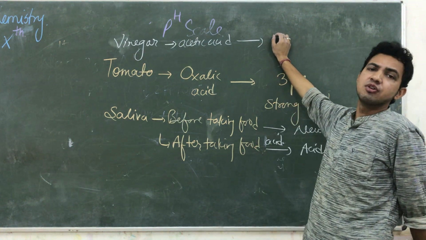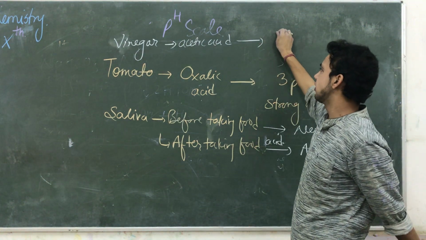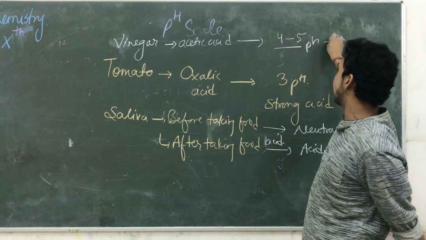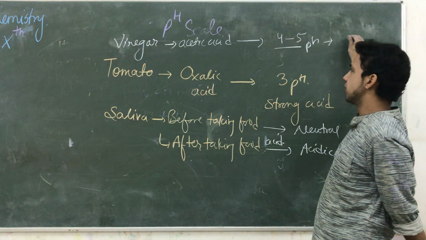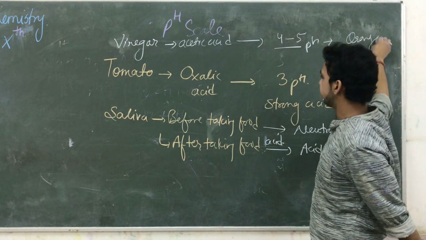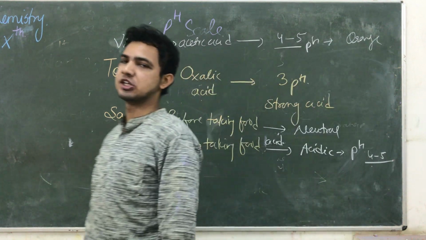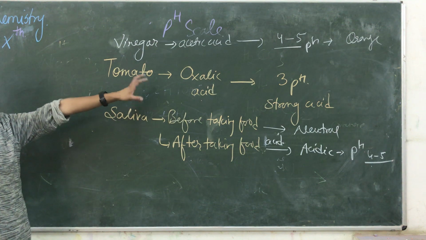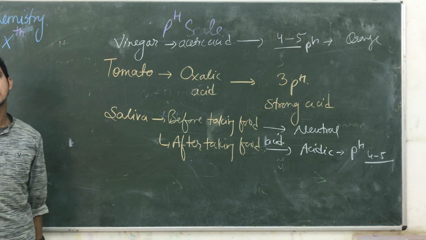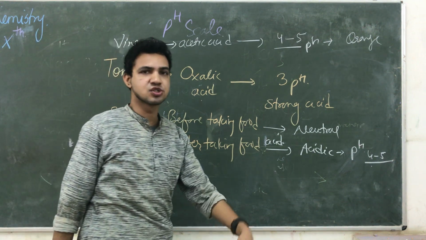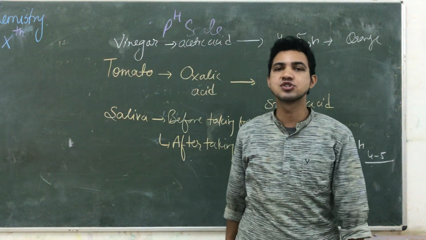Vinegar is a weak acid, so its pH value lies between 4 and 5. It changes the color of pH paper from colorless to orange, because this is a weak acid, so its weak acidic range will be up to orange. So on the basis of the pH value or the change in color of the pH paper, we are identifying the given compound as a strong acid, weak acid or strong base.